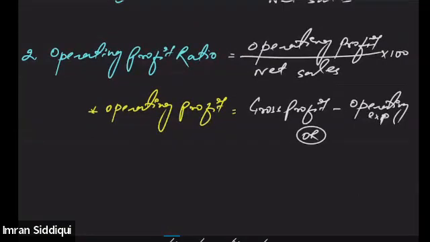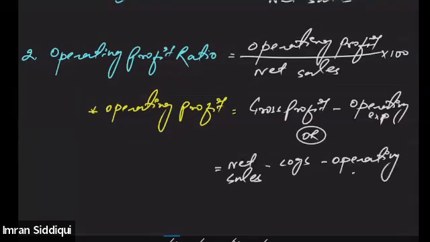Depending upon the items available in the question, you can use any of the formulas. The second formula is we start with the value of the net sales, minus the cost of goods sold, minus all operating expenses. Okay, so this is the alternate formula for finding out the operating profit. I hope this is clear.